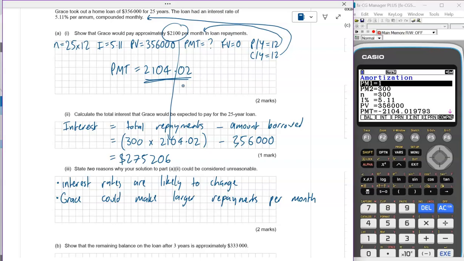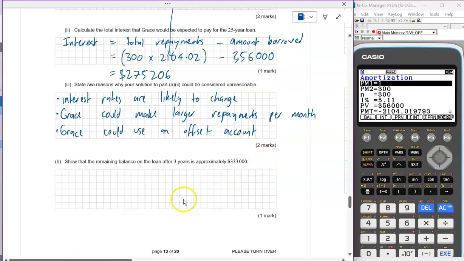There are a lot of different interest minimization strategies. Obviously, she could pay more frequently, so fortnightly or weekly instead of monthly. Another one is she could use an offset account, which would reduce the amount of interest she would be paying. Anyway, we'll look at that in a minute.